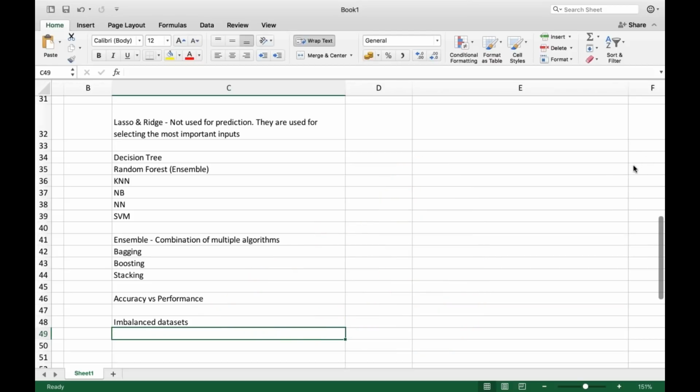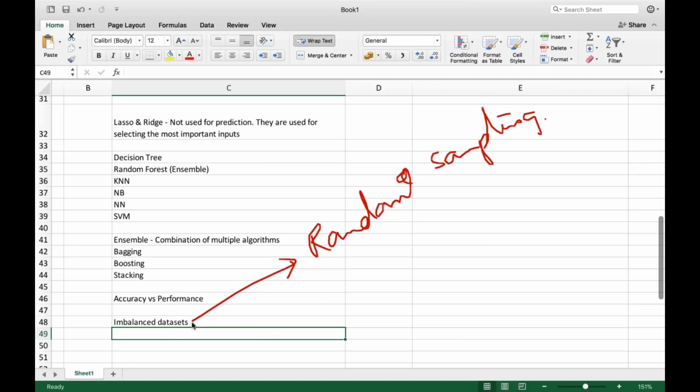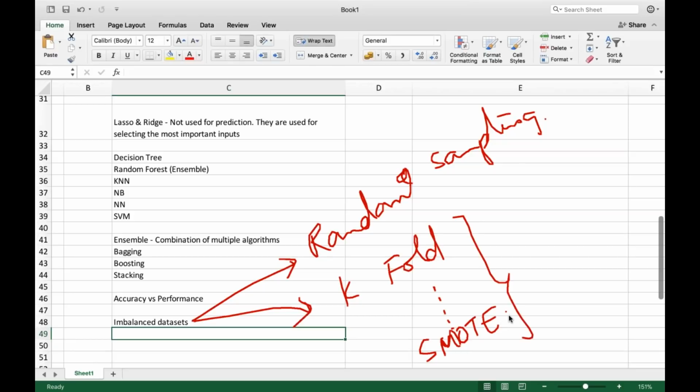Under such circumstances, if you have an imbalanced data set, you cannot randomly sample the data. Random sampling will not work. Then what should I do? There is something called the k-fold sampling technique, and so on and so forth. There are a bunch of those. There is SMOTE and all that. Hey, how do I learn all these things?